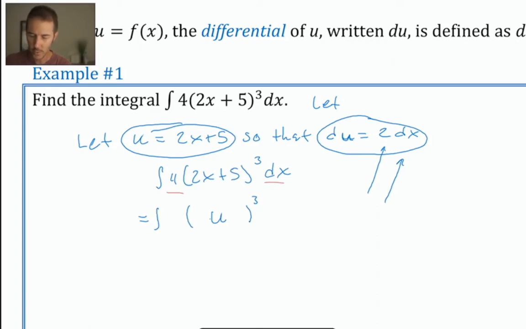So I'm going to modify this equation right here. I'm going to multiply that entire statement by 2, so that we can rewrite this as 2 du equals 4 dx. Now I'm going to replace the 4 dx in the original integrand with a 2 du.